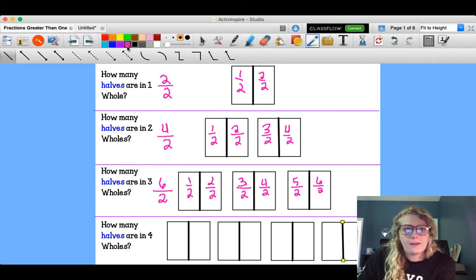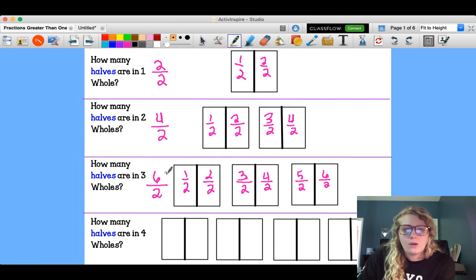And then we have 1/2, 2 halves, 3 halves, 4 halves, 5 halves, 6 halves, 7, so 7, and finally 8 halves. So 4 wholes is equal to 8 halves.